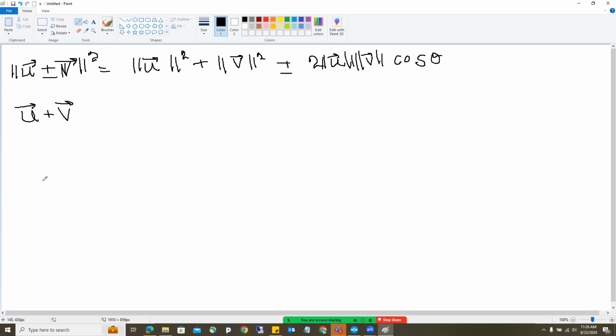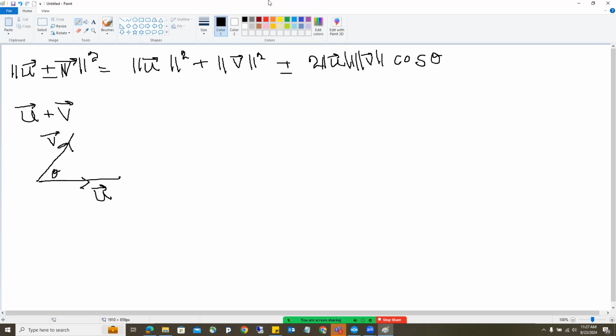So if I draw a sketch, here we have u, here we have vector v. Now the angle in between these two vectors is equal to theta.